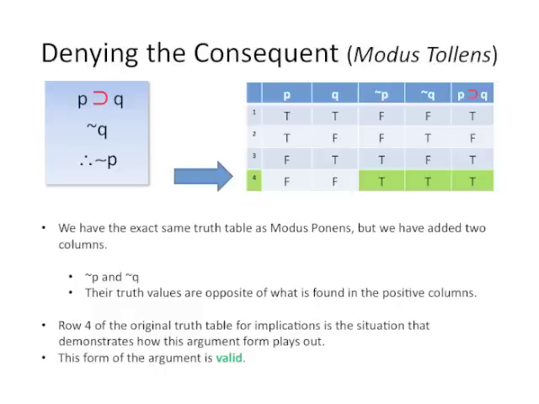That's the only possibility where it works, and we know it works, right, because the truth table tells us this. And so we know that denying the consequent, this modus tollens argument, is actually a workable, valid argument, because according to the truth table, this argument form is truthful. And so we conclude that this form of the argument is valid.